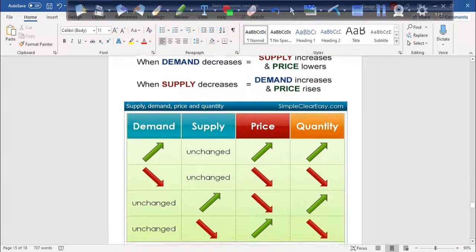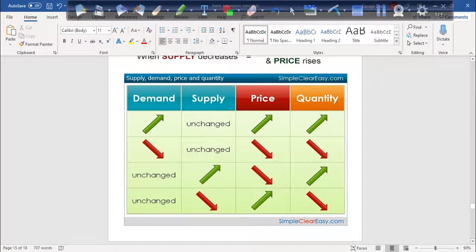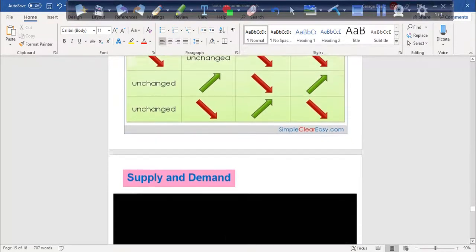Another slide here, illustrating supply and demand. And again, this particular slide is illustrating the supply and demand relationship. Okay, let's move it up to the next slide.